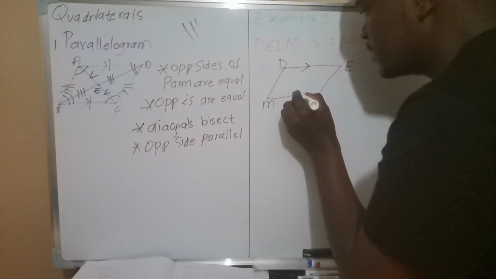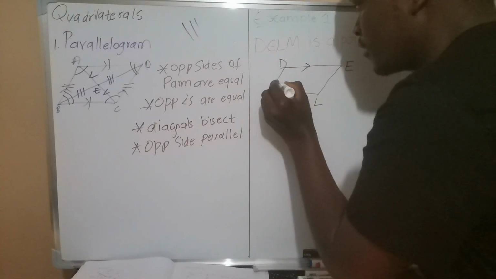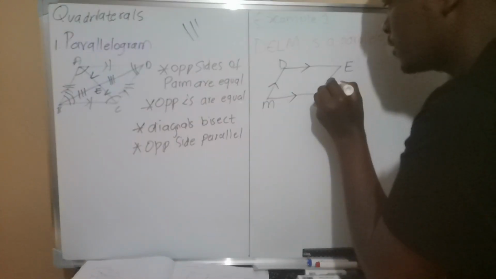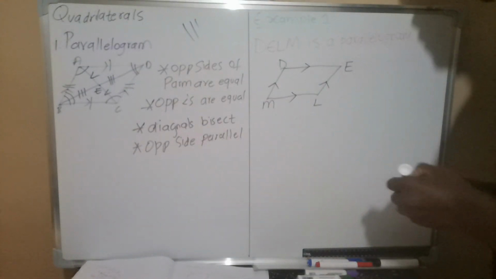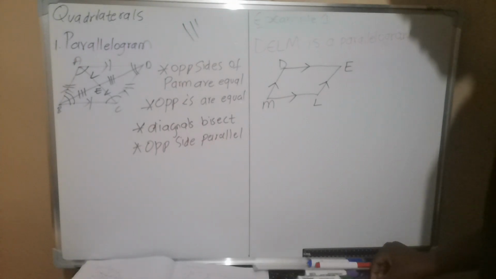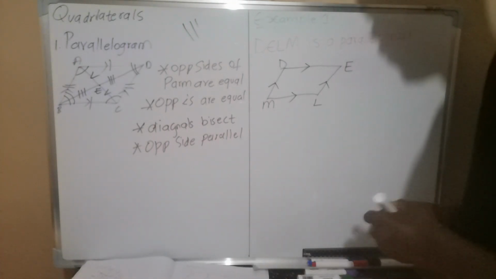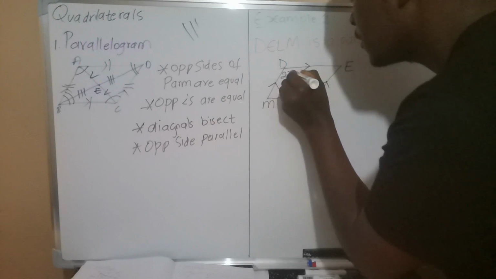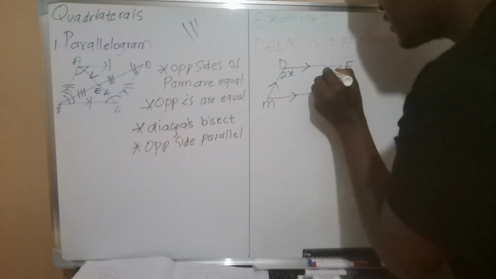This must be given in an exam. They will show you in the exam what's happening. Now we have 2x here, and x here.